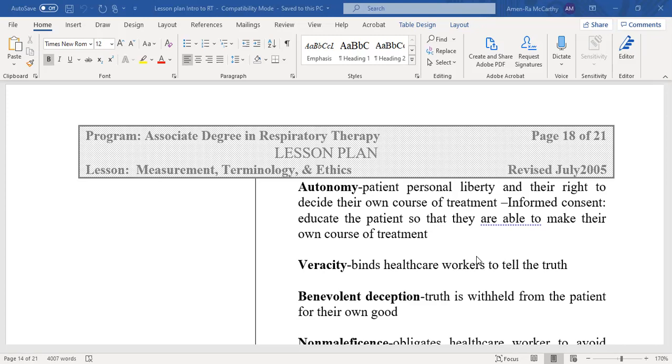Mr. Johnson, you have COPD, your lungs are pretty damaged, and this is the course of treatment we want to do. Then they can say, No, man, I'm tired. I've been smoking, I'm 90 years old. I don't want to go through all that rigorous testing and therapy, walking on a treadmill and all. Just leave me alone. They have a right to that. That's their autonomy.